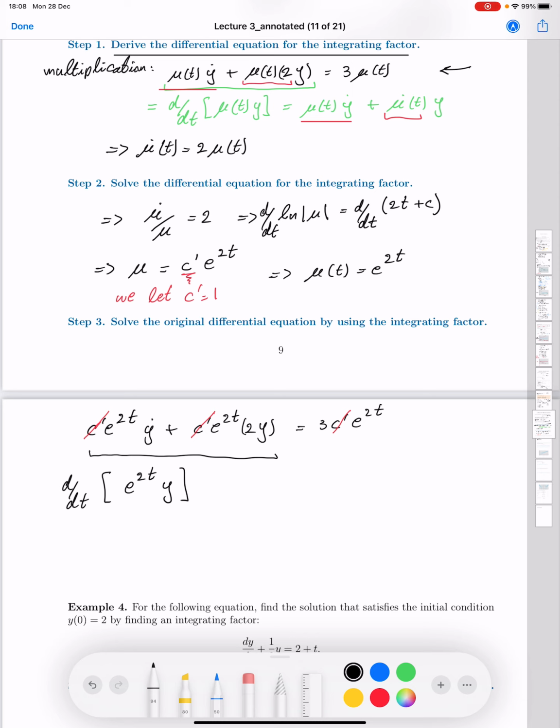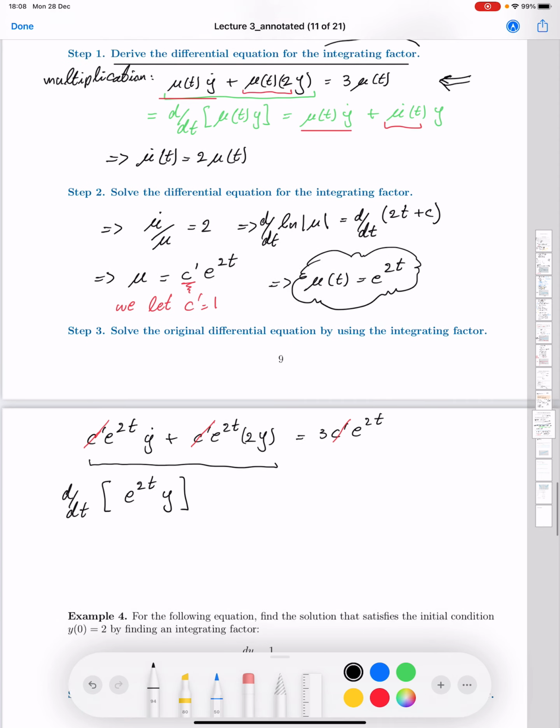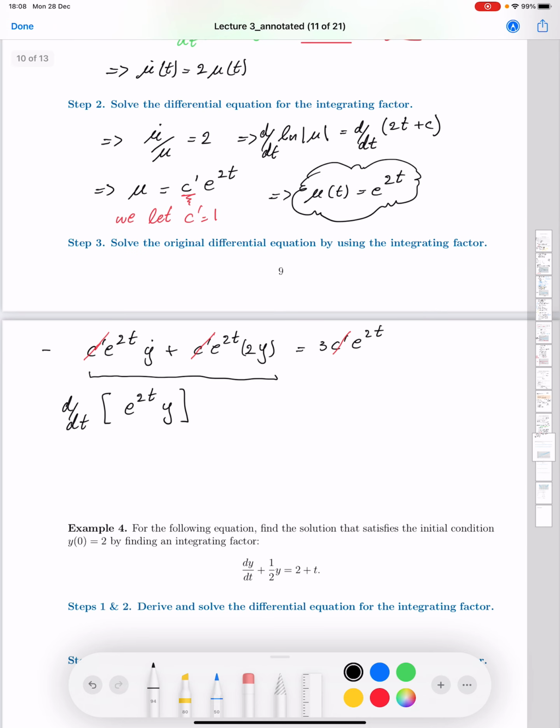Okay, if I do that, now I have my integrating factor. Yay. So now if I multiply it in the equation here, I will get this. Well, so far nothing interesting because it's just the same equation. I just multiplied both sides by e to the power of 2 times t.